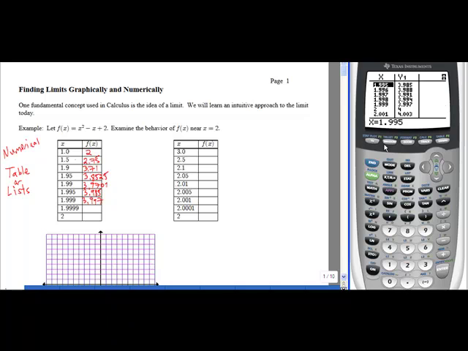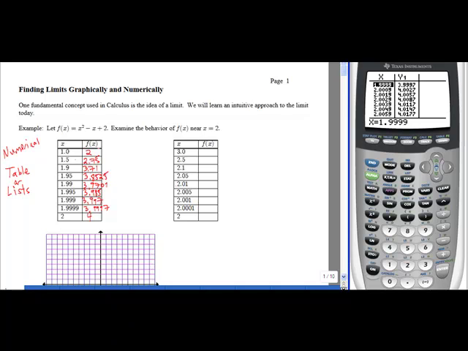And if I change my table set to the last value here, 1.9999, that's going to correspond to 3.9997. And if you were just to plug in 2, it did show it earlier in our table, but if I plug in 2, 2 squared is 4, 4 minus 2 is 2, 2 plus 2 would be 4.